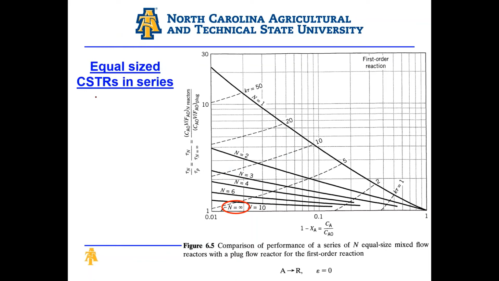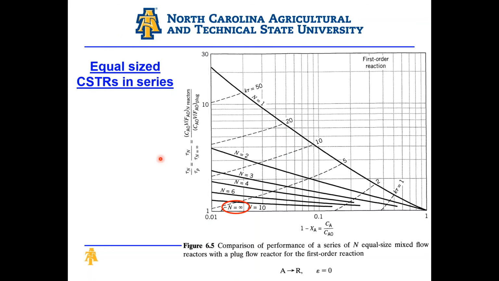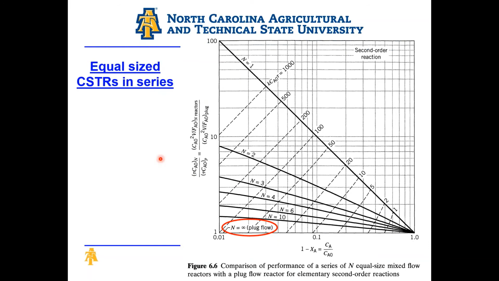In chart 6.5, as n goes to infinity, this ratio gets close to 1, which is the point we just illustrated. Similarly in figure 6.6, as n goes to infinity, the performance gets closer to 1. Good. Let's move on.